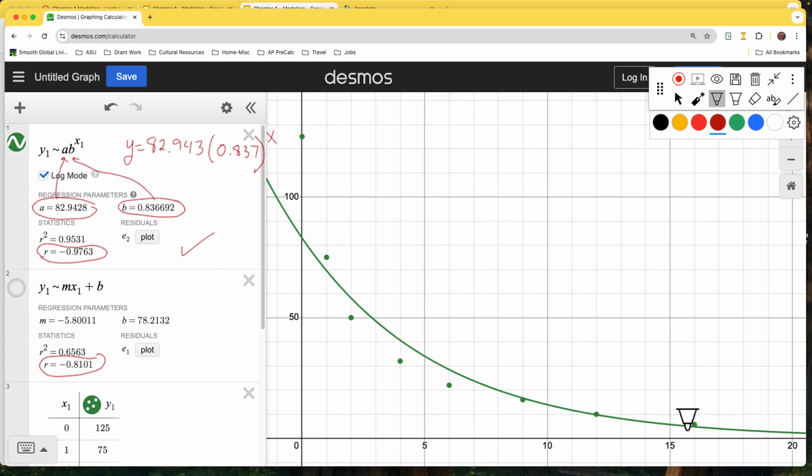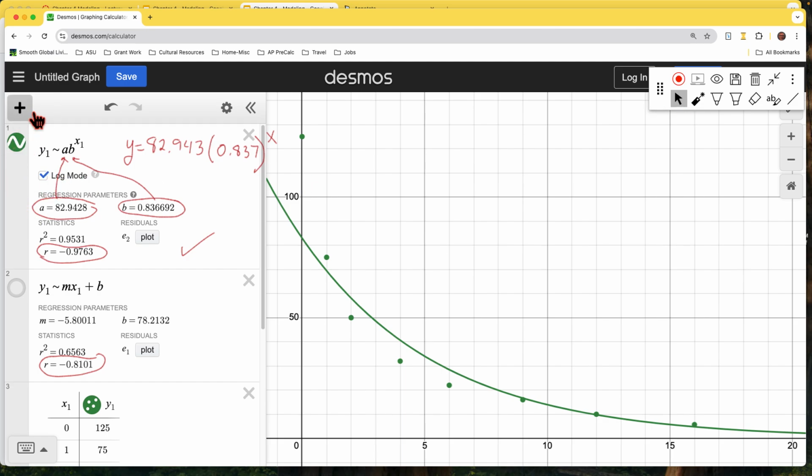Now, again, for the homework, they will ask the same type of questions. They'll say, well, in 15 years, what was the value, right? We're going to do the same thing, but if we give them a rounded equation, we need to put in a rounded equation here. We can't use the one that Desmos created because it's too accurate.